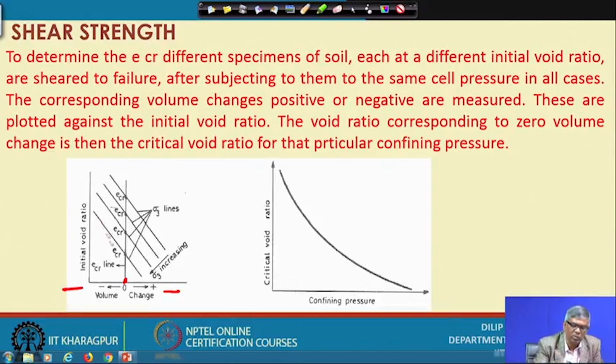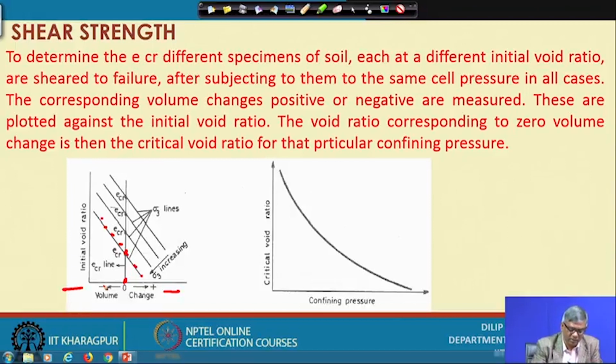If the confining pressure is constant, those points will lie on the same line. If I extend that line, it passes through the zero line. Where this line intersects the zero line, that is the critical void ratio.